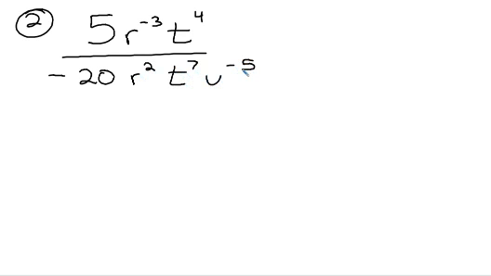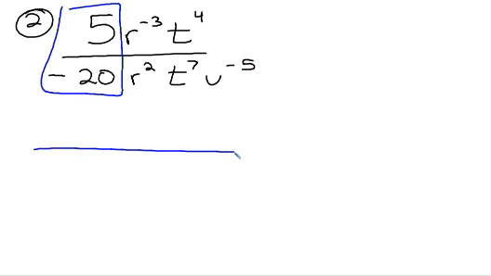Okay? Well, there's a couple different ways we could tackle this problem, but the first thing that I would do is take care of simplifying this, the 5 over negative 20. Isn't that just a simple fraction to reduce? That's going to become negative 1/4. Doesn't matter where you put the negative, I'll just put it on top.